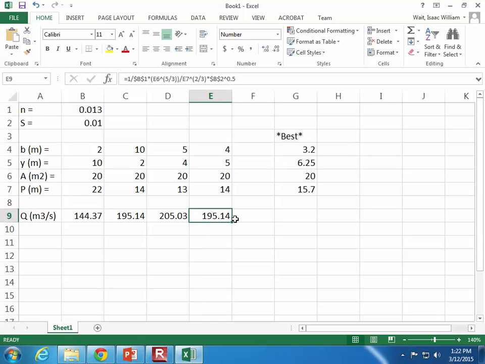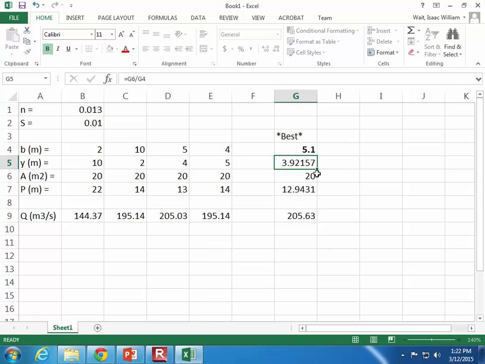So here is my flow rate. Okay, so by changing around B, I can find out what gives me the best flow rate. So is it 5? 5's pretty good, 205. What about 5.1? Is that better? Yep, 5.1's even better.